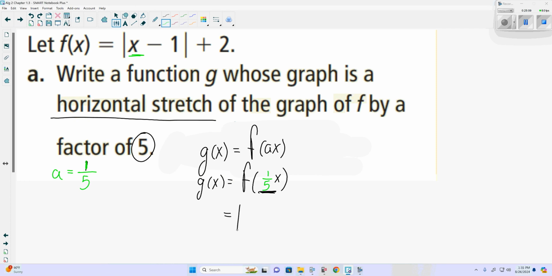We still have the absolute value bars, but instead of x, we have 1/5 x, minus 1 plus 2.